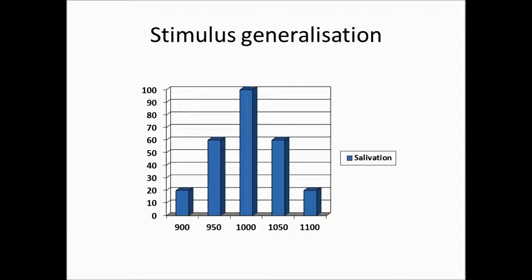You'll still get a response to a 950 hertz tone or a 1050 hertz tone. But it also says that that response will decrease the further you move away from that original stimulus. So the more the tone changes, the less of a response you will get.